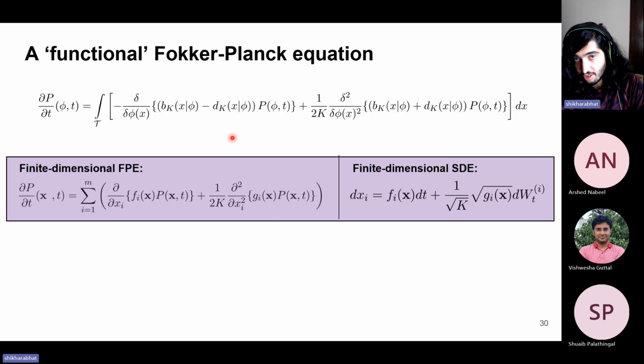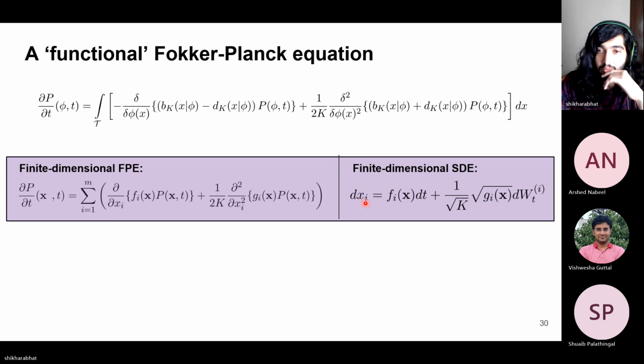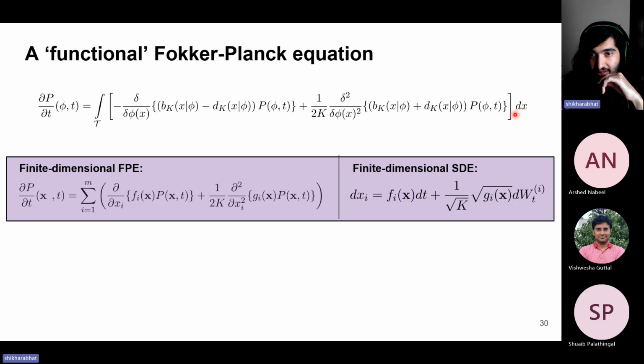Can we make some sort of analogy here? Well, maybe. If you just do it naively, we should get something infinite dimensional, right? It's a stochastic differential equation with infinitely many indices, and in particular the index here is continuous.